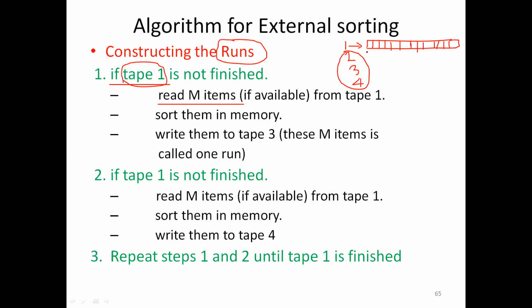I consider the first three as one run. I will collect those m items from the hard disk, from tape 1, and sort them in the memory.